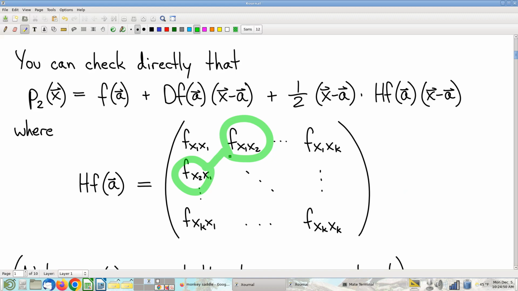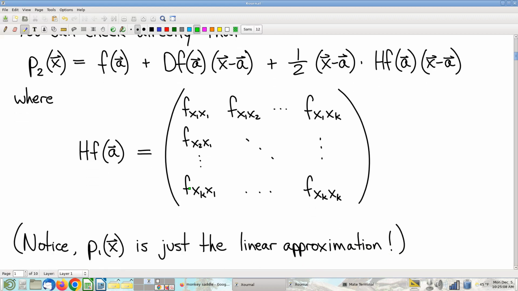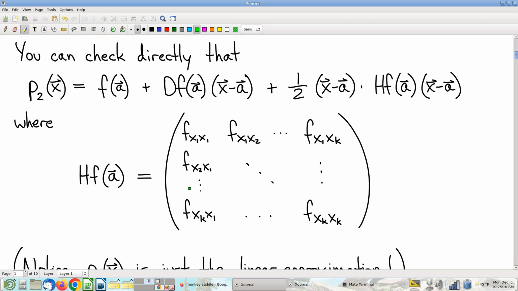Don't worry about it, because if you're talking about a nice function, which we're assuming here, then these are the same anyway. So this is a symmetric matrix, and you, in some sense, can't accidentally transpose it. Or I guess you can, but it doesn't matter. Okay. All right. Okay, how are we doing? Everybody with me? All right.